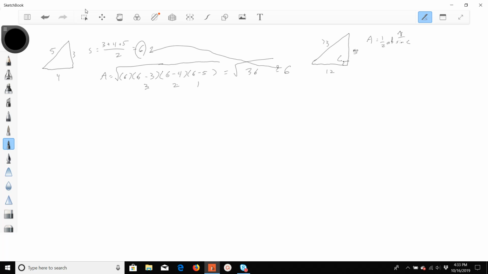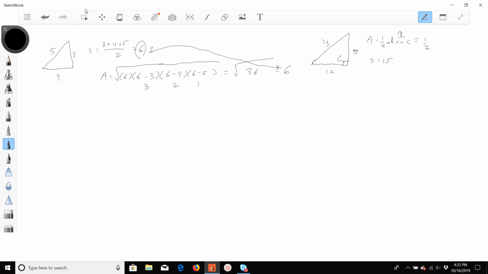And the semiperimeter here is 5 plus 12 plus 13, which is 30, over 2, which is 15. And the area by this formula is 1/2. Huh. Oh, well. Wait. Yeah. So if you've got a right triangle, the semiperimeter is the area. Huh. That's cool.